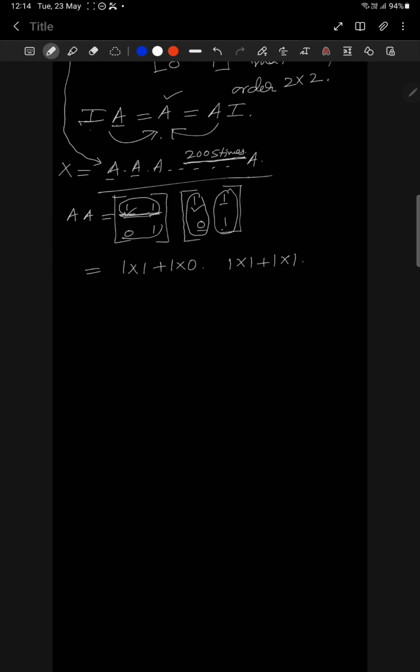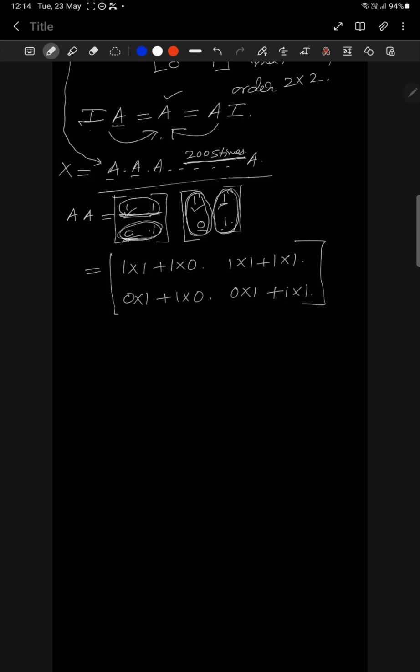Again this row will be multiplied to this one. So 0 into 1 is 0, I am writing it in full, plus 1 into 0 over here. Again this 0 1 multiplied to this will give you 0 into 1 plus 1 into 1 over here.